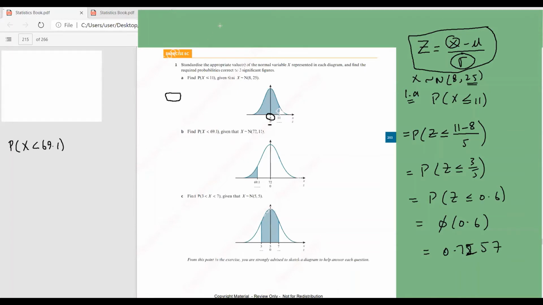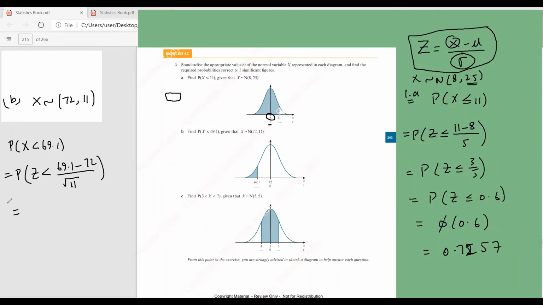You have x normally distributed with the mean 72 and the variance 11. So when you want to find this, it would be the same as the probability z is less than 69.1 minus 72 over the square root of 11.